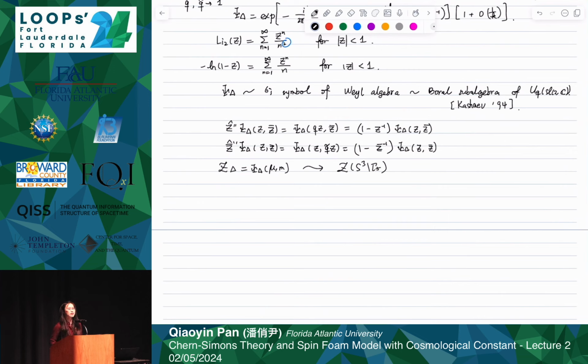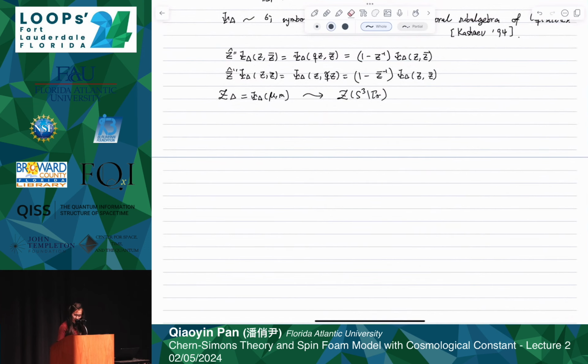Since it's so important, let me also tell you some properties of this quantum dilogarithm function. So first, this function has a singularity at mu z equal to 0, which is bad, because if I do the integration over this function, it might give us some divergence.